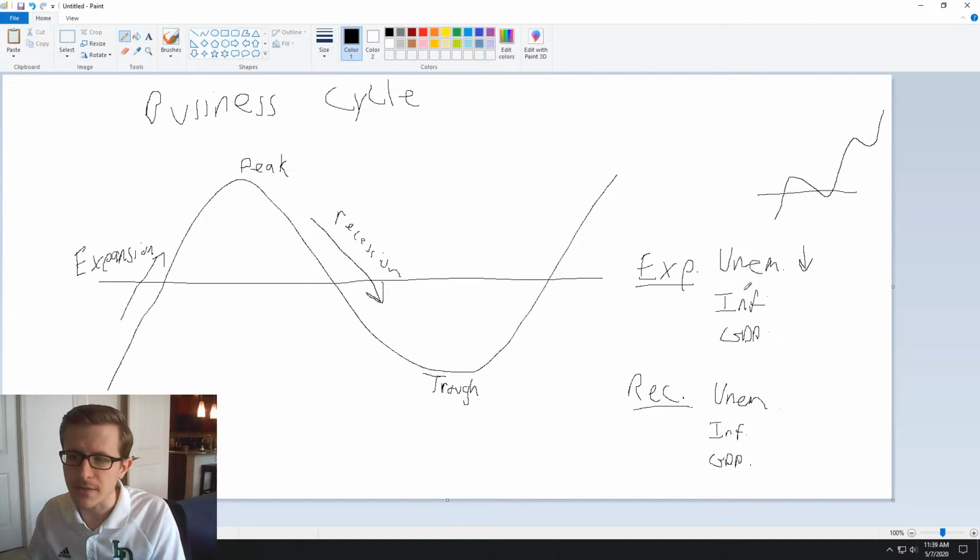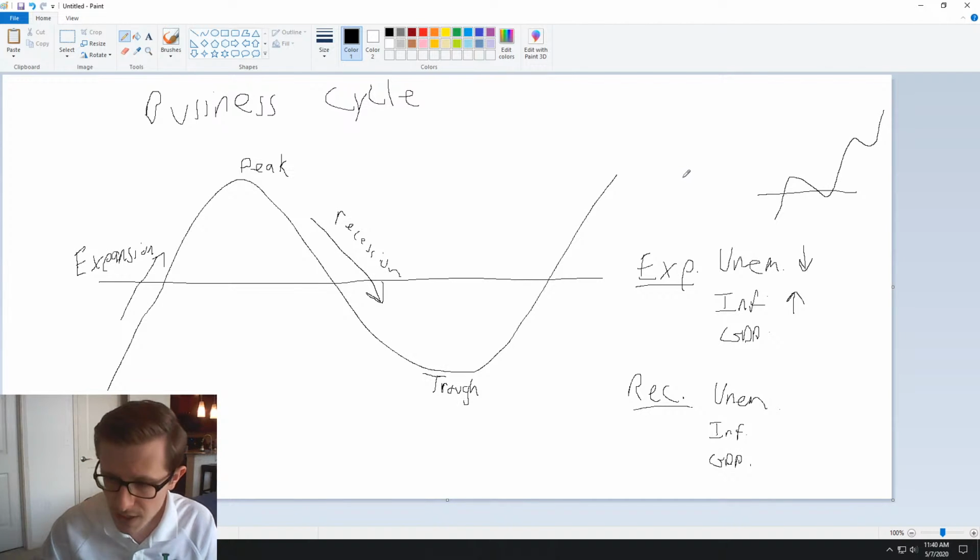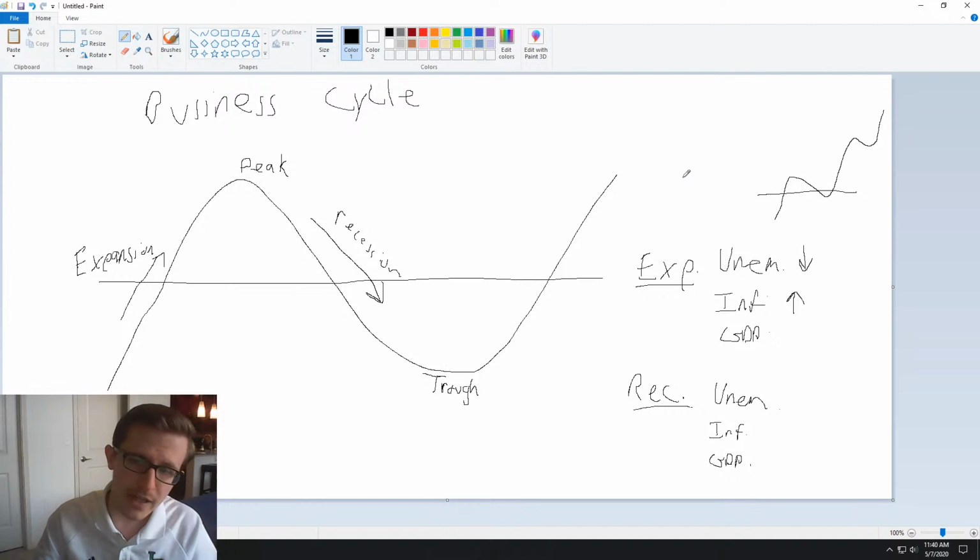Inflation, though, what's it going to mean for inflation? That's right. It means that inflation's going to be going up. And a lot of that, if you can remember from the course when we talked about it, is attributed to efficiency wages. Since so many more people have jobs, one of the best ways to start attracting new talent is by offering higher wages.